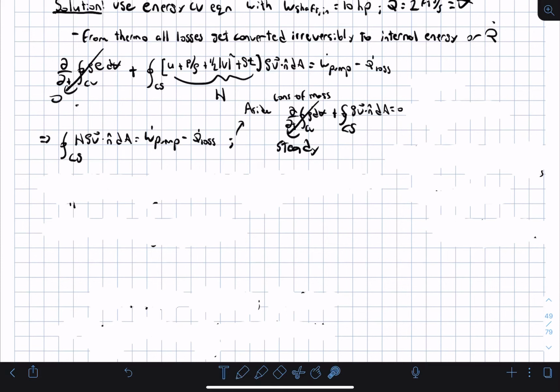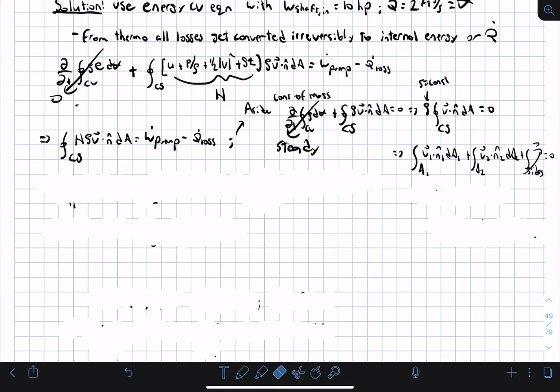Then this implies that, because rho is constant, we can pull that out of the surface integral. That implies that the integral of v dot n hat dA is equal to 0, or the net volumetric flow rate through the control surface is 0. That means we have as much flow going in as we have flow going out.